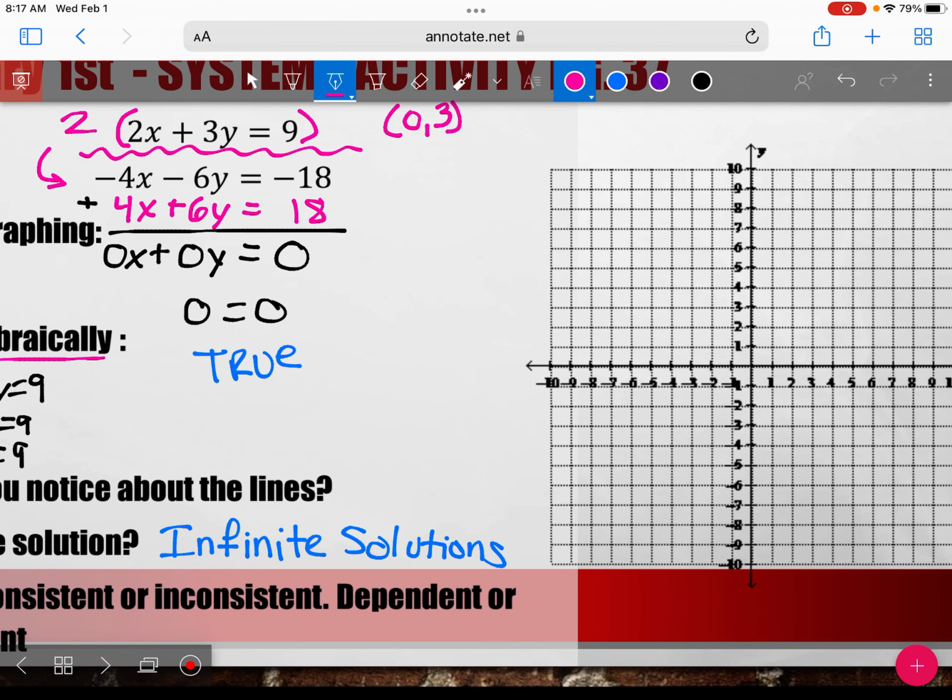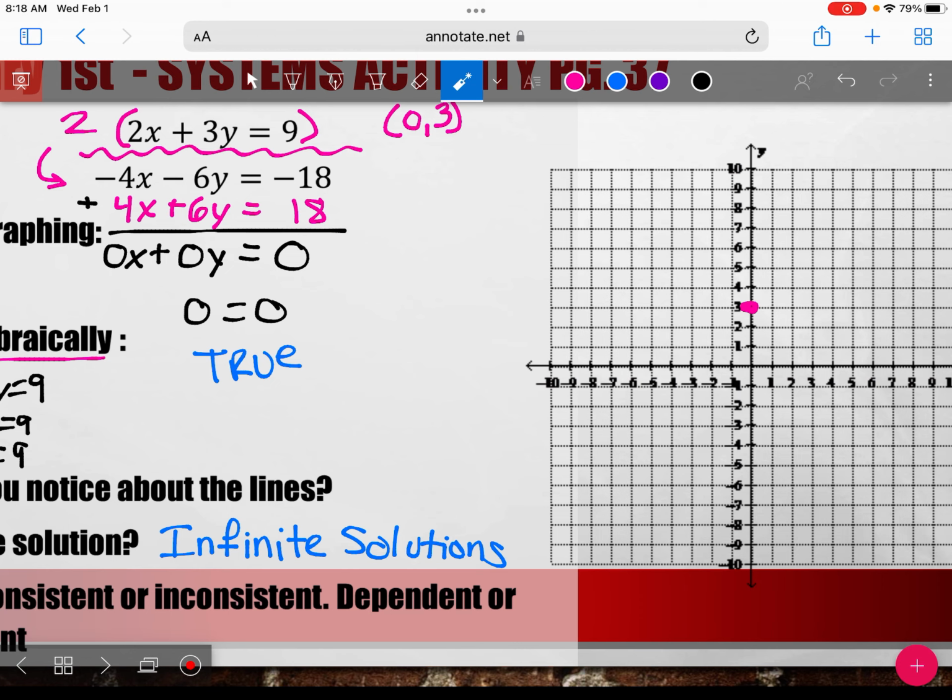That gives me a point for that top line. You can go the other way too. Not as pleasant on this one, but it's okay. If y is 0, meaning this piece is canceled out here, if 2x equals 9, what does x equal? As a decimal, 4.5.